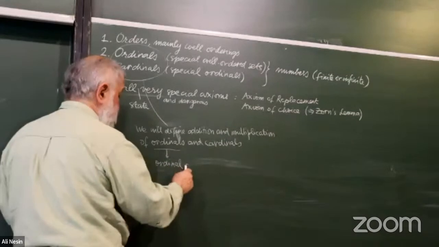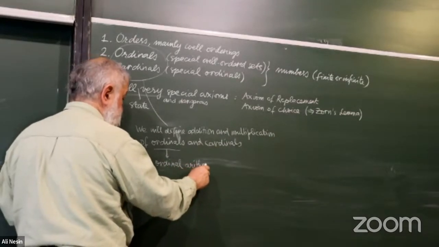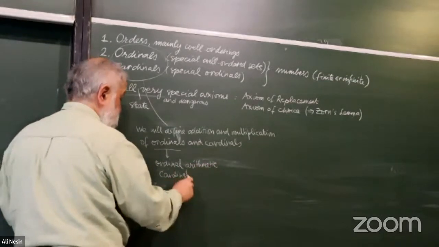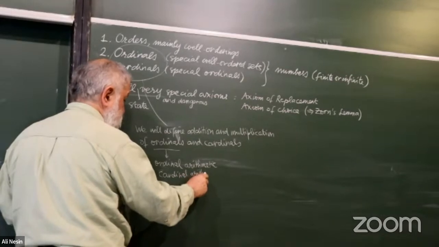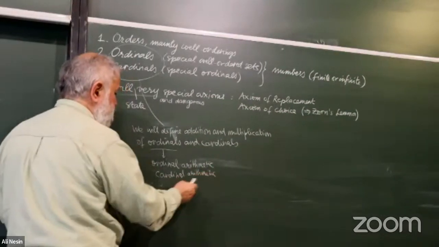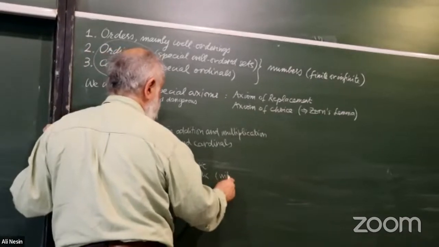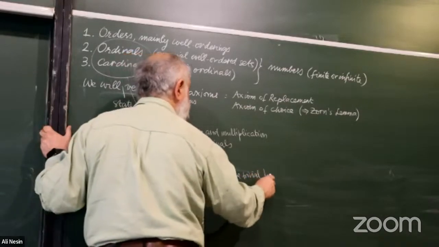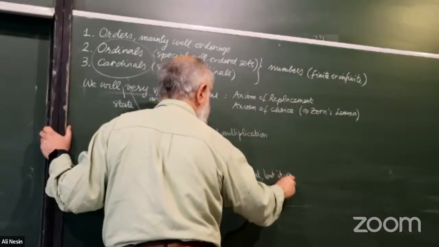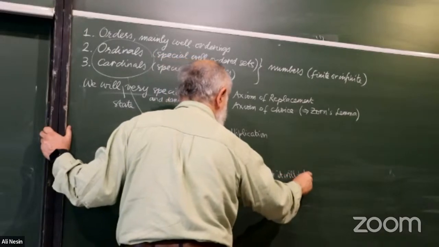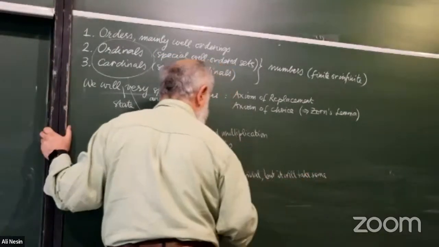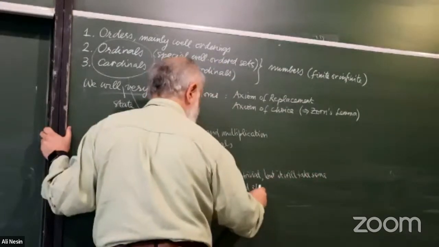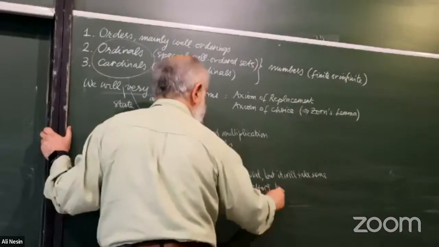And it's called cardinal arithmetic. Cardinal arithmetic will be trivial. But it will take time to show that it's trivial. Some time and effort to show that it's trivial.